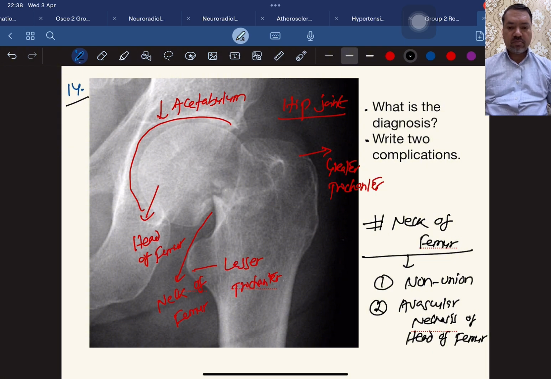As a result of that, there may be avascular necrosis of the head of the femur. So these are very, very important complications. The third complication is that there may be osteoarthritis of the hip joint. Try to memorize this.